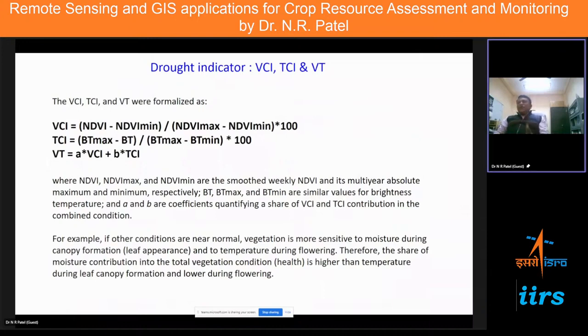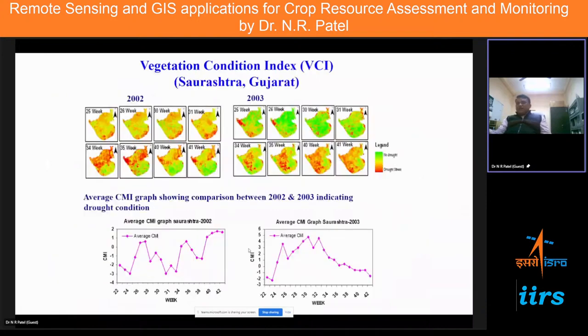Temperature regulates the reproductive process, maturity, grain formation, flowering; all those stages are highly sensitive to temperature. So unless we take into account both temperature and soil moisture related sensitivity, we cannot correctly capture the effect of drought on crop performance. That is why vegetation health is a good indicator for this.